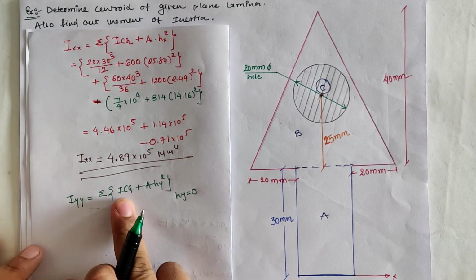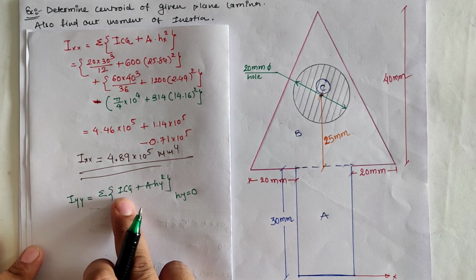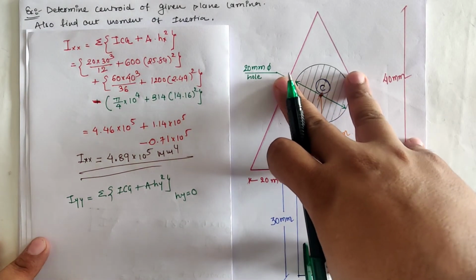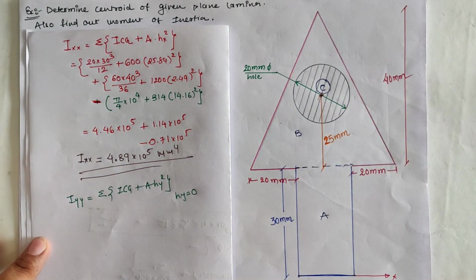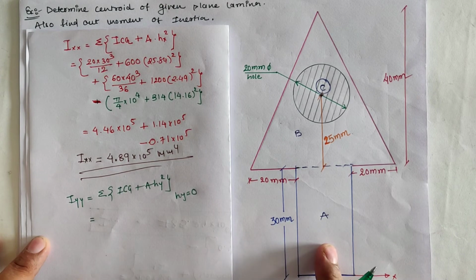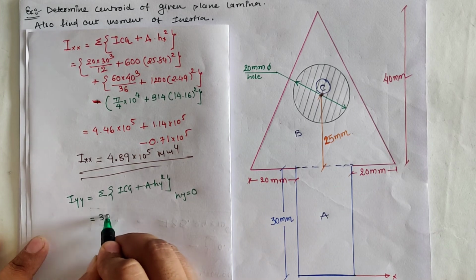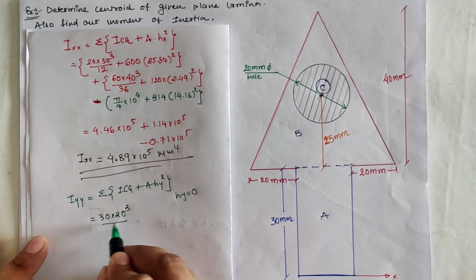So we have to use the summation of only the moment of inertia of all parts, or we can say part A, part B and part C with respect to y axis. So let us calculate first for the rectangular part. Iyy for this rectangular part is d b cube by 12, hence it is 30 into 20 cube by 12.